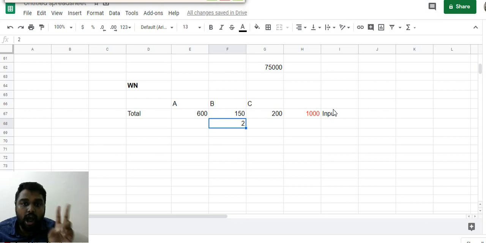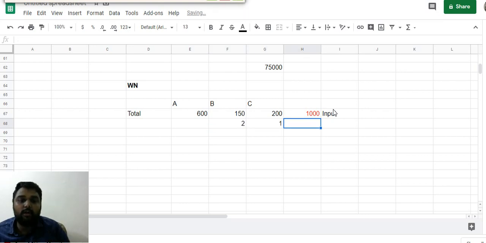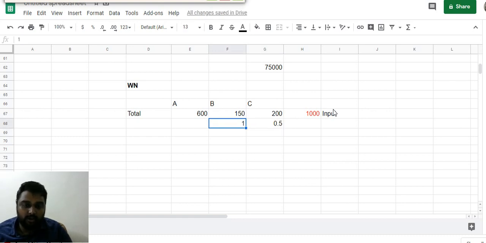If B is assumed as 2, half will come for C, so C will be only 1. Similarly, if you assume 1, it will be 0.5. You can choose however you like. I made it 2 because I want to eliminate the decimal point.